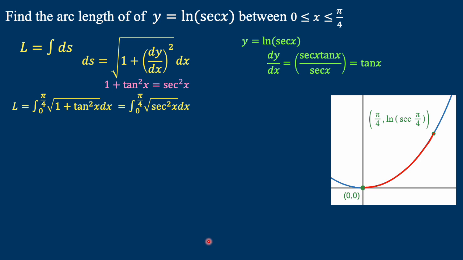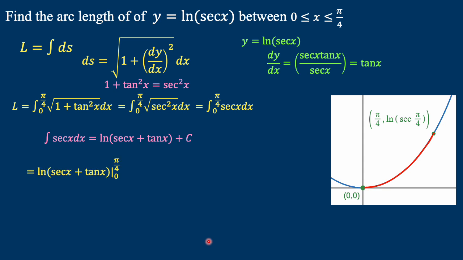Square root and square give secant x, so the integral from 0 to pi over 4 of secant x dx. The antiderivative of secant x is ln of secant x plus tangent x, plus c. So now we can evaluate this integration: ln of secant x plus tangent x from x equals 0 to x equals pi over 4.